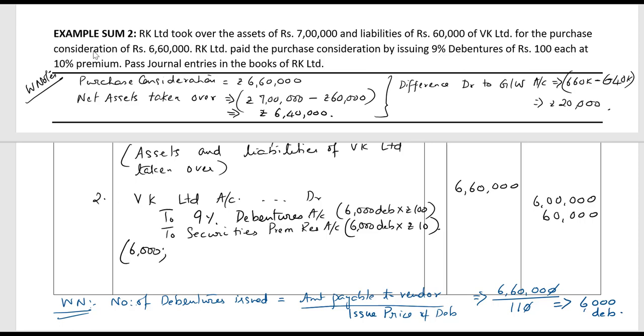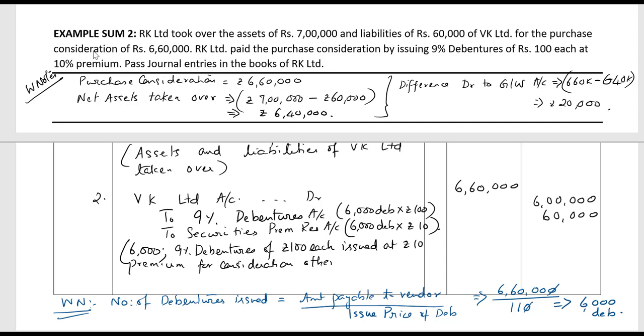Narration: 6,000, 9% debentures of rupees 100 each issued at rupees 10 premium for consideration other than cash.